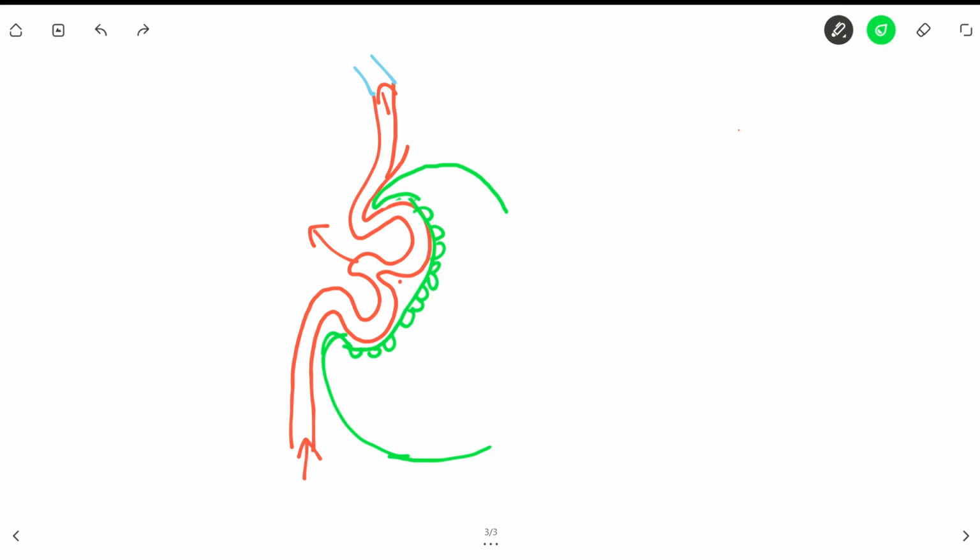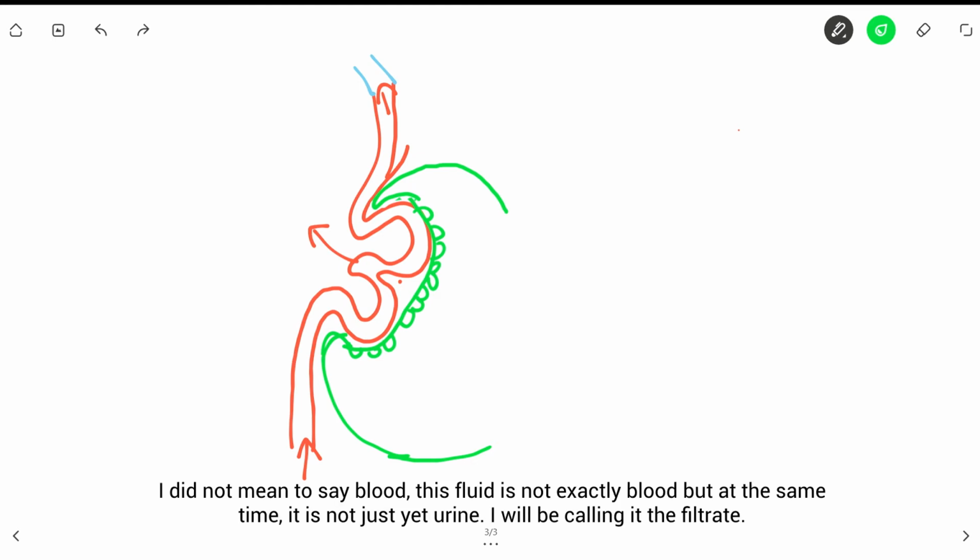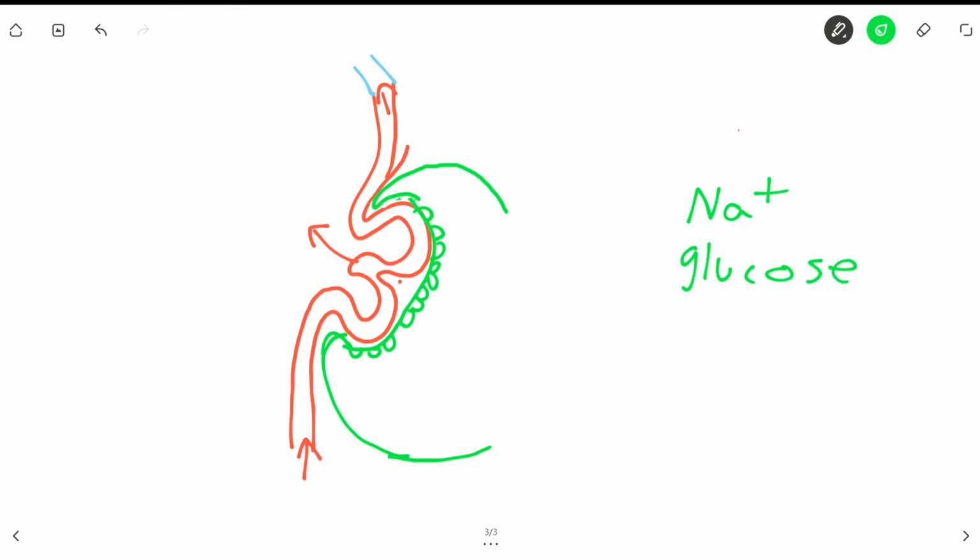And then your Bowman space would be the space over here. So the 1/5 of the fluid that gets absorbed by the glomerulus and the cells in the glomerulus is sent into the Bowman's space. And this blood contains sodium, glucose, amino acids, and other smaller molecules.